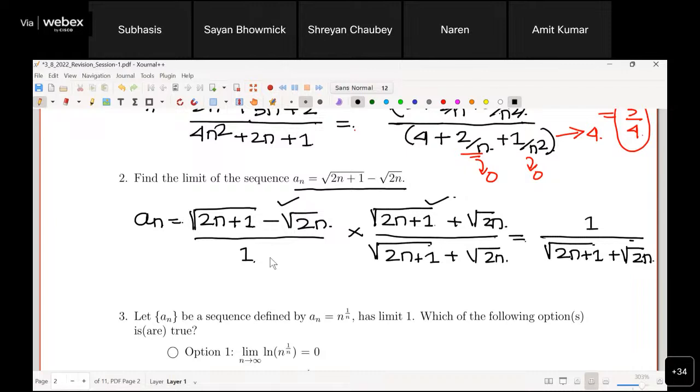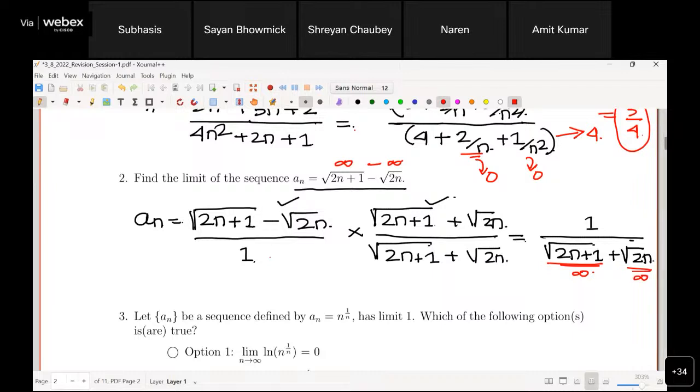As you can see, now we are actually in a better situation. From here, as I said, you are basically in an infinity minus infinity form, so you can't conclude anything. But as n goes to infinity, this thing will go towards infinity, as well as this will go towards infinity.